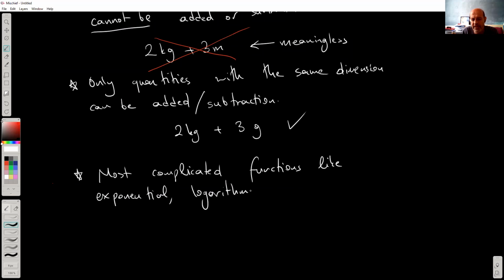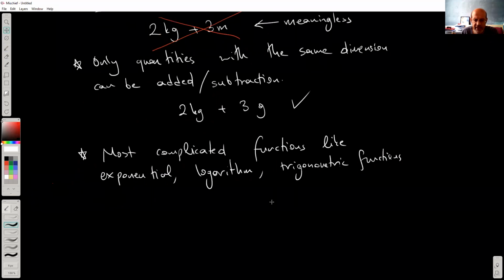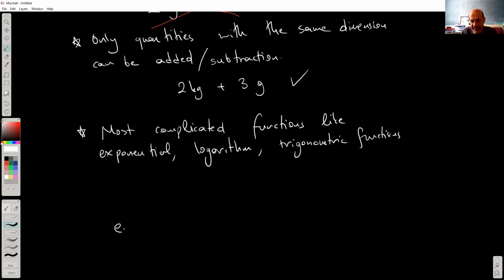I'm just writing these because these are the ones that we meet a lot. The trigonometric functions, etc. The essential argument: I'm going to talk about the exponential function. Every quantity without a unit is dimensionless.